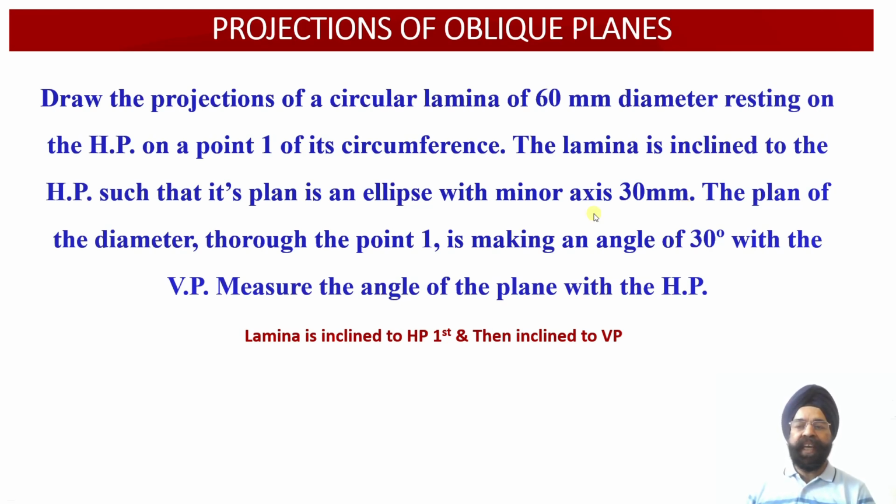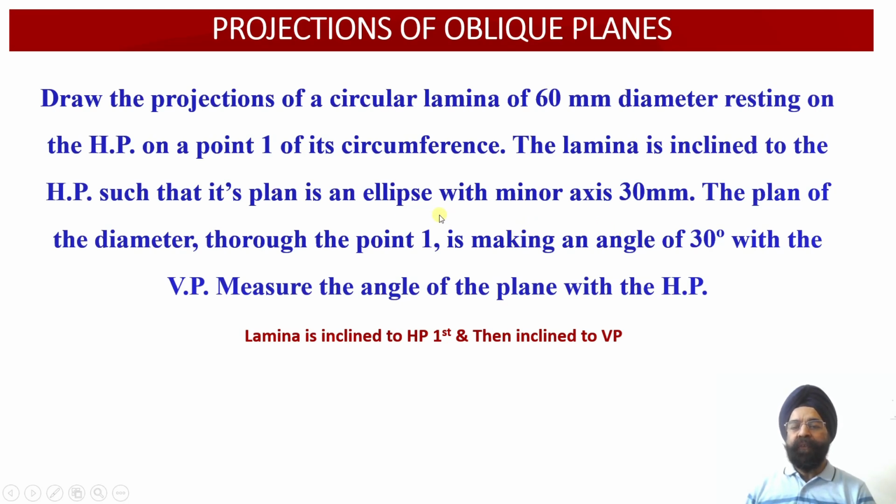Since in this case we are not provided with the angle of inclination, we use the information that the diagonal passing through the point 1 will see foreshortening from 60 millimeter to 30 millimeter, as this diagonal 1, 7 will be inclined with respect to the horizontal plane at a certain angle.